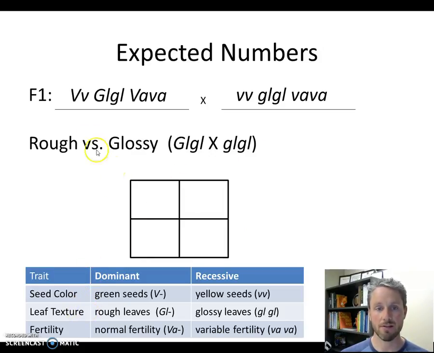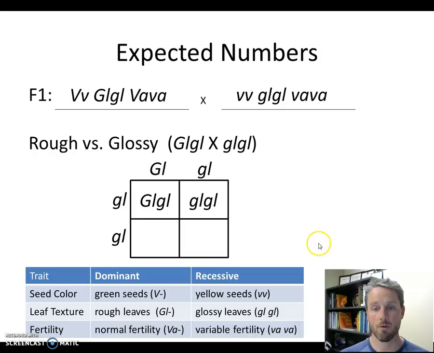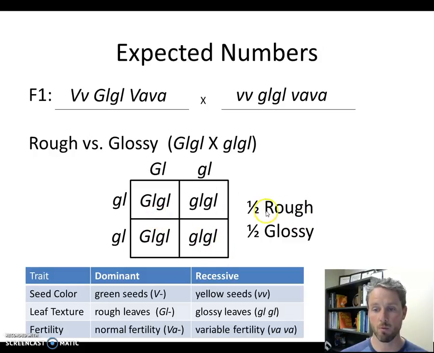So we can do that for leaf texture. Again, rough versus glossy. One organism is heterozygous, the other is homozygous recessive. So we put the heterozygote on top, the homozygous recessive on the side, we fill in the boxes, and again we see that we should get 1/2 rough and 1/2 glossy.